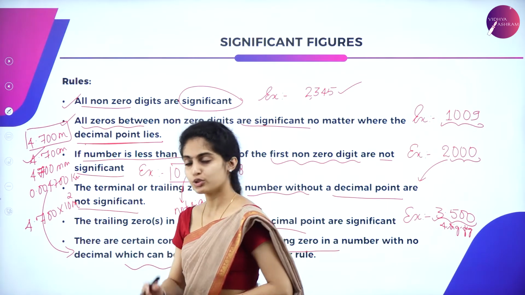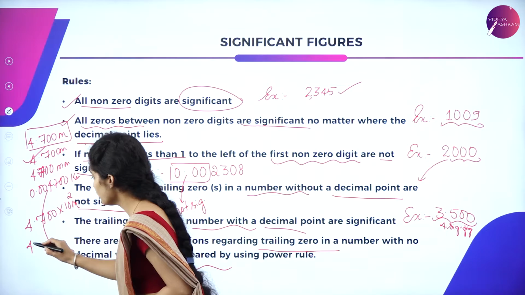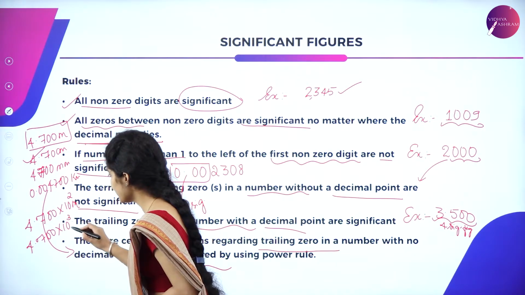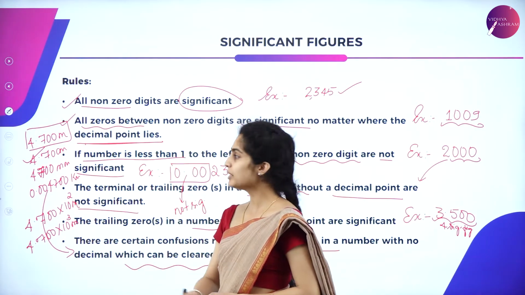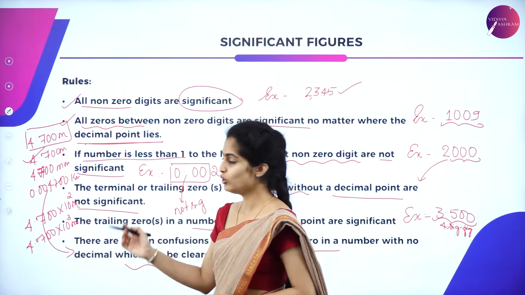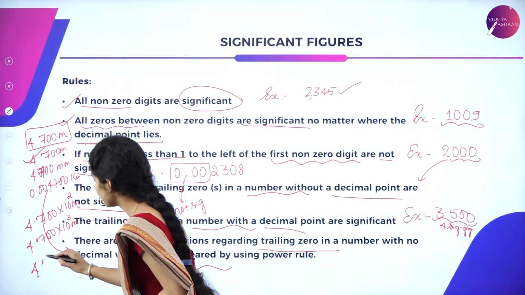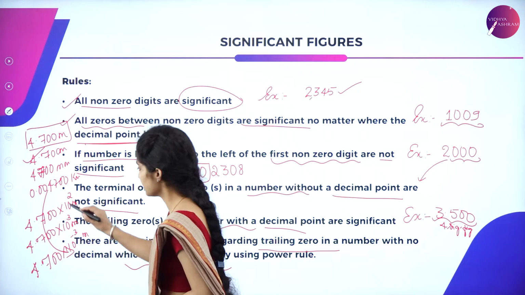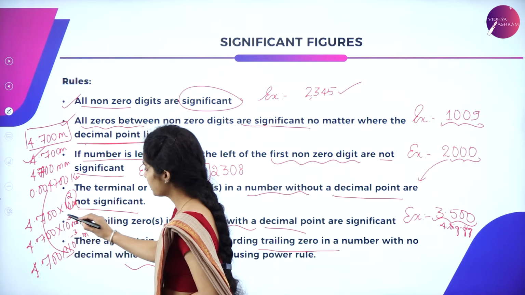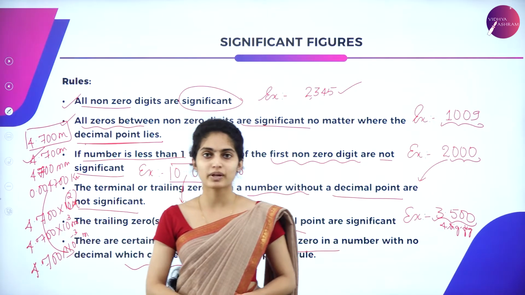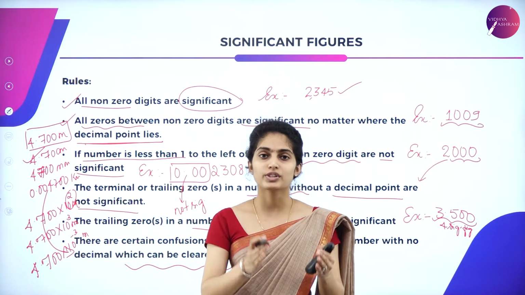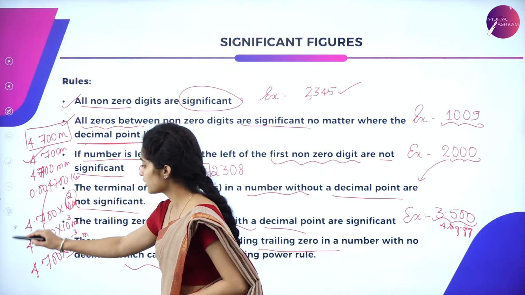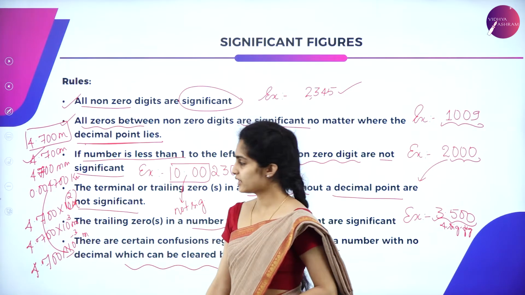If I have to convert it to millimeters, it will be 4.700 into 10 raised to 3. So that is millimeters. Again, if I have to convert it to kilometers, it will be 4.700 into 10 raised to minus 3. So this is centimeter, millimeter, and 10 raised to minus 3 is known as kilo, so it is kilometers.